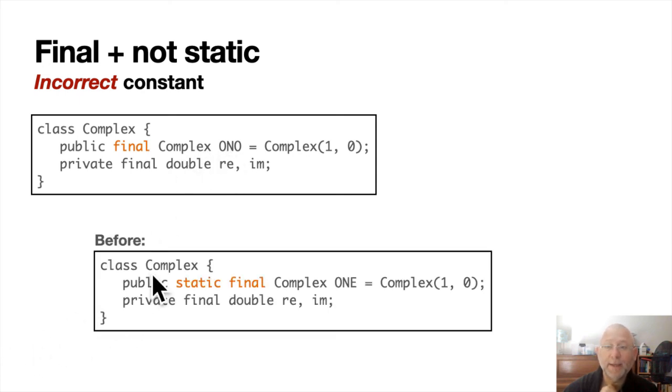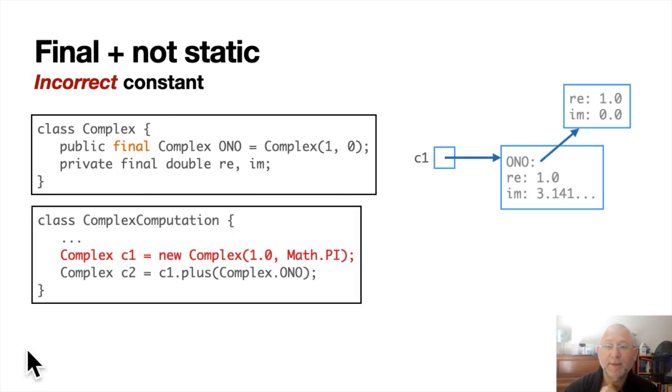What will happen? Before, we did have the static, and then it was shared by everyone. But now, every time we create an instance of Complex, like C1, with real part 1 and imaginary part pi, C1 will have the RE and IM fields.